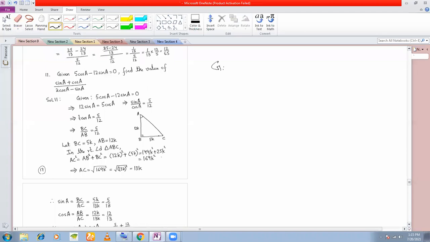See here, given here is number 11. Given here is 5 cos A minus 12 sin A is equal to 0.